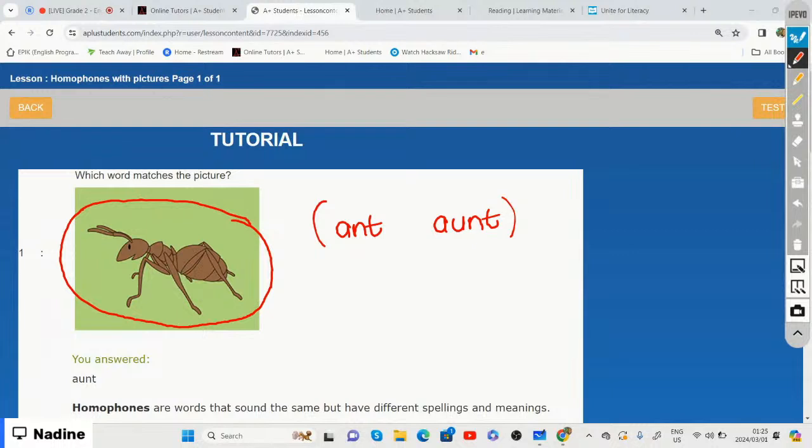And if we were to choose the correct word to match the picture, then we will choose the first one, right? So the first word ant, which is A-N-T, is the picture. So that's an ant.